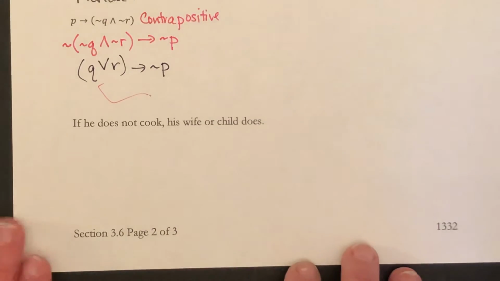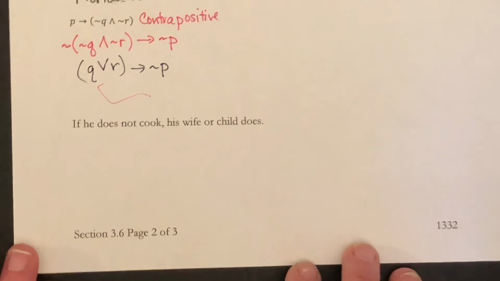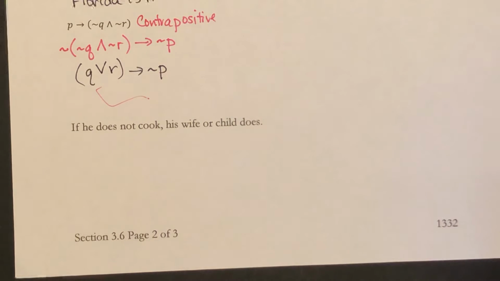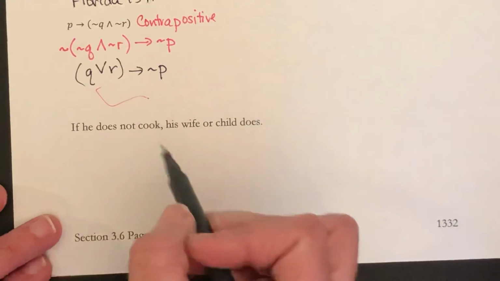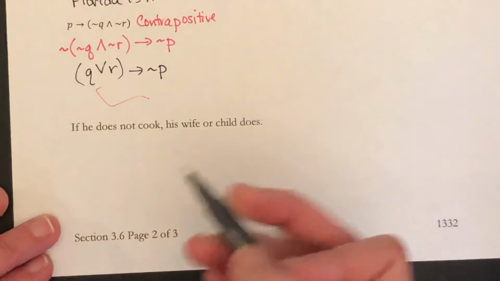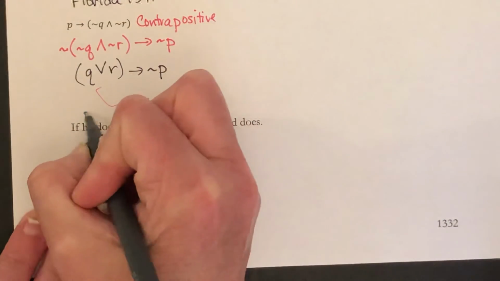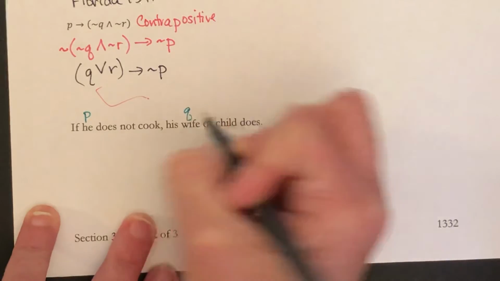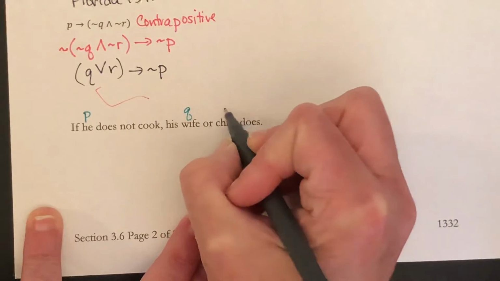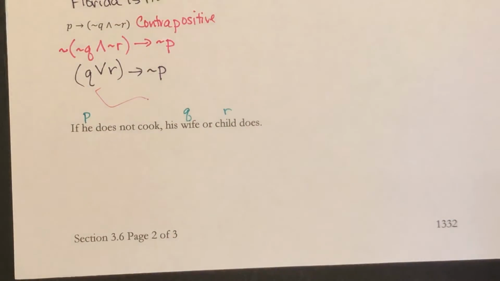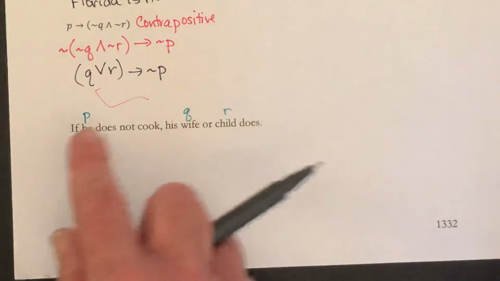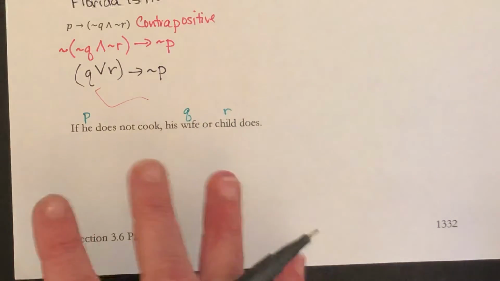If he does not cook, his wife or child does. In this case, we have three statements: him cooking, the wife cooking, and the child cooking. Let's say this is P, the wife cooking is Q, and the child cooking is R. The first thing I want to do is write this out in symbols so I can figure out what's going on.